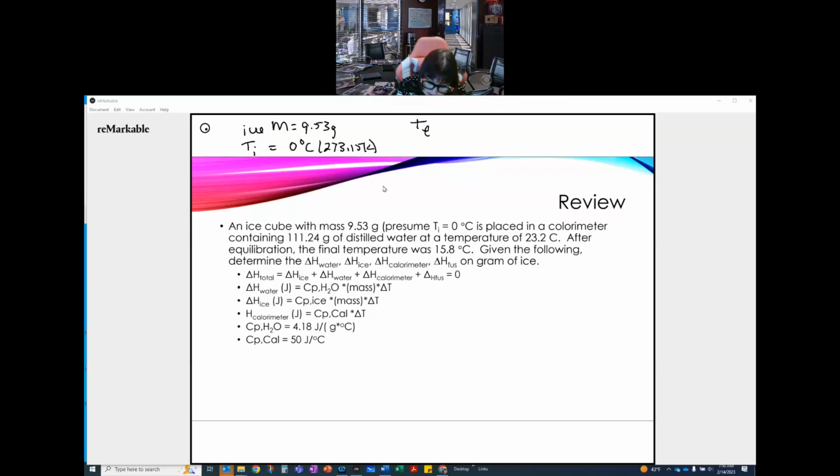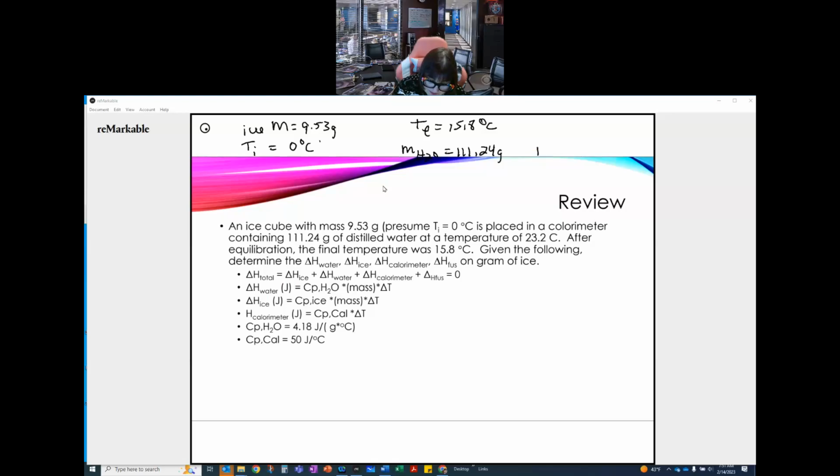My Tf is going to be, I actually don't need to convert that to Kelvin. Sorry, all of this is in degrees C. 15.8 degrees C. And then my mass for the H2O equals 111.24 grams.